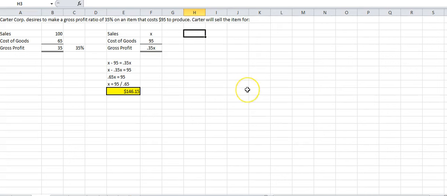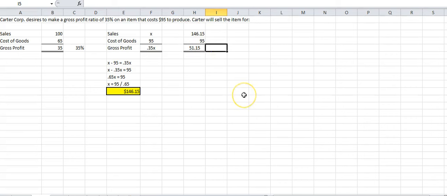Okay. Let's plug it in over here. 146.15. My cost is 95. My gross profit is going to be this minus this, right? Is 51.15. Is 35% of 146.15 the sales price?